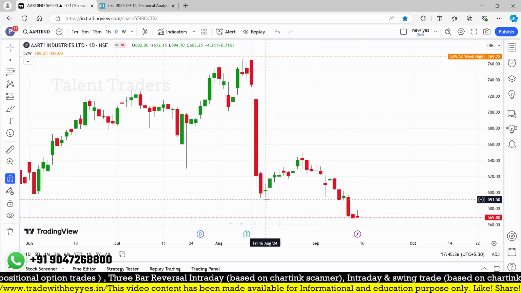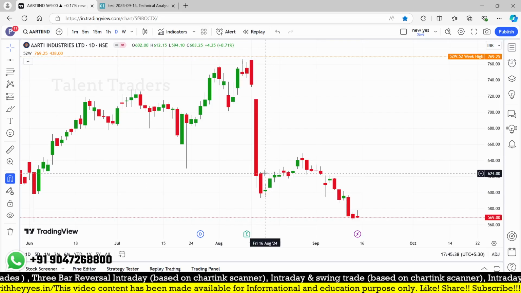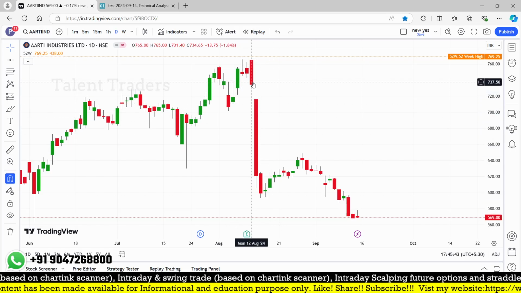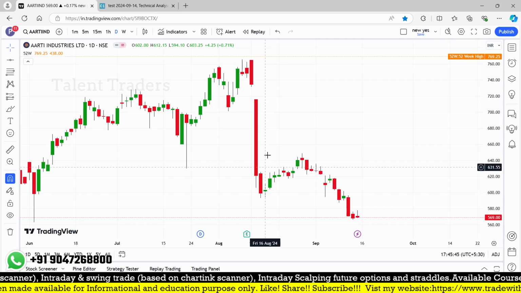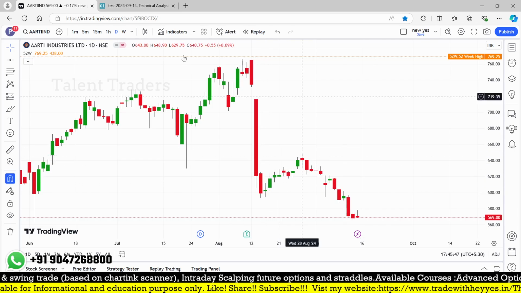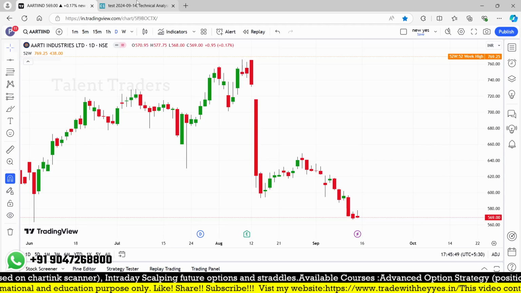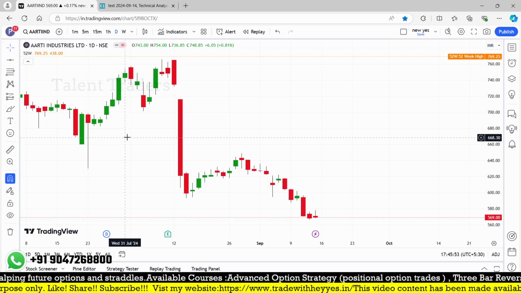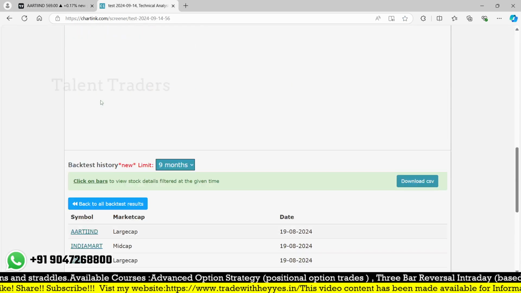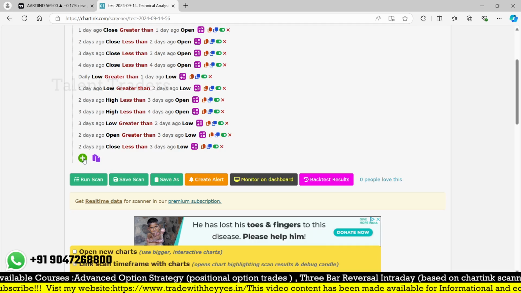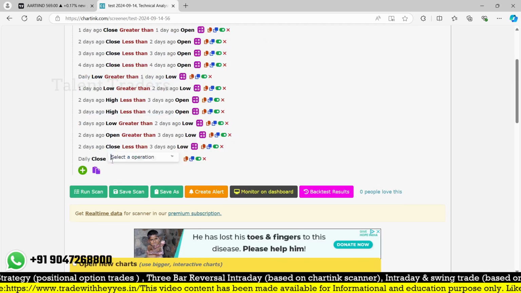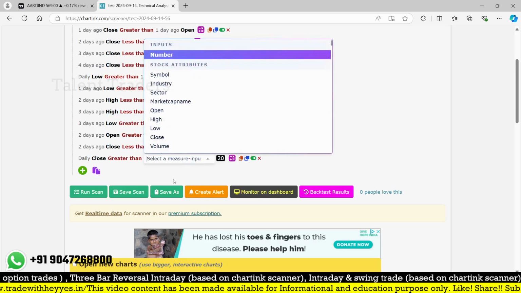I think this is also the same, but here the second candle is not, because it is a huge drop from that, but it is not closed above the level. So the minus one candle close greater than the... we have to filter some of the logic here. Minus one close, we close greater than high.